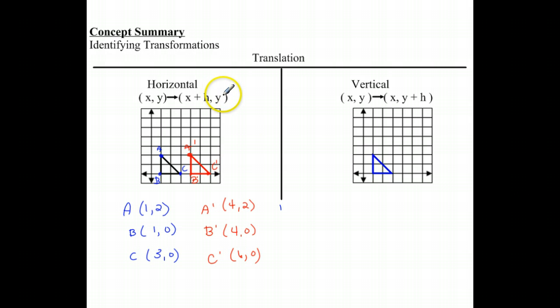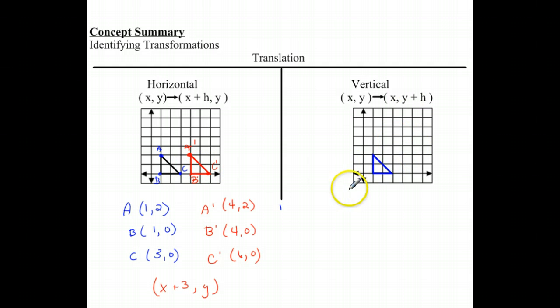So another way of writing what that translation was is I could generalize and say that it's x plus 3, comma, y. You might ask why I didn't add anything to y. That's because in this translation, my y's remained exactly the same, 2, 2, 0, 0, okay? But my x's were the ones that changed, and that was because it was a horizontal slide.